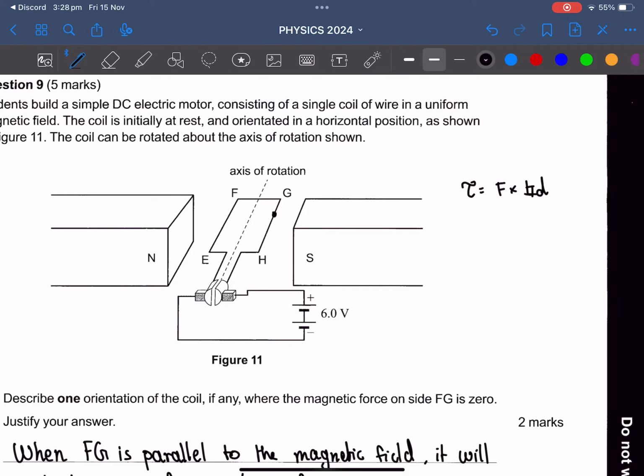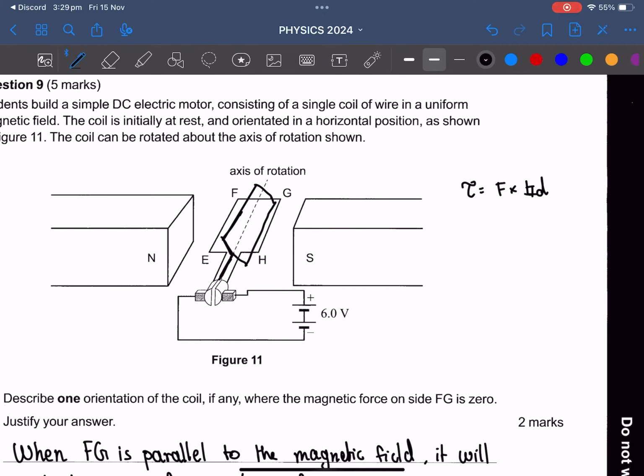So let's say at this point, this is our perpendicular distance, and the force is currently pointing down, or pointing up, let's say. It doesn't really matter. Our perpendicular distance D is like this, basically. Now, what happens if the coil is at a vertical position? So it's like here, and then here.